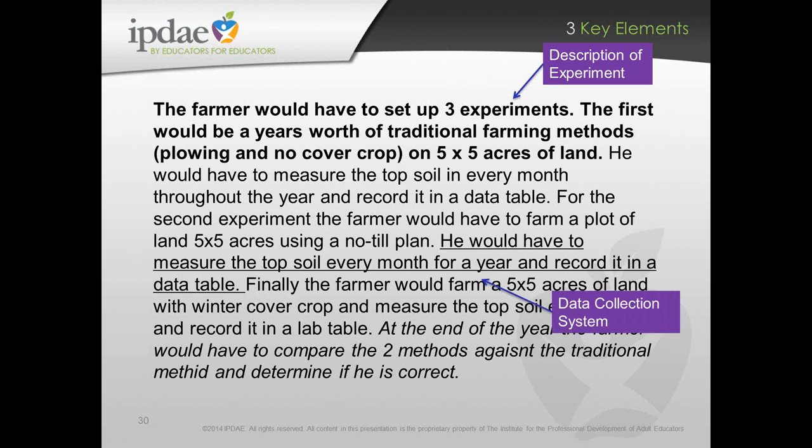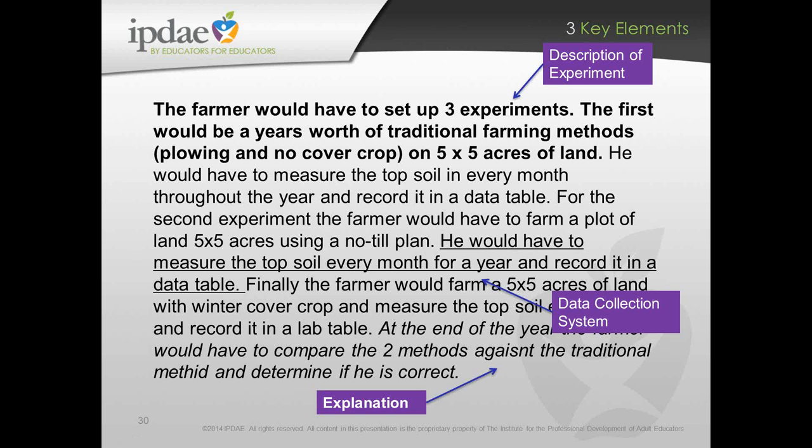And then the third key element that I need to see in the written response is that evaluation. How do I determine whether the hypothesis is going to be correct or not? And here again, this particular test taker says at the end of the year, this is what the farmer needs to do to determine if his hypothesis is correct.